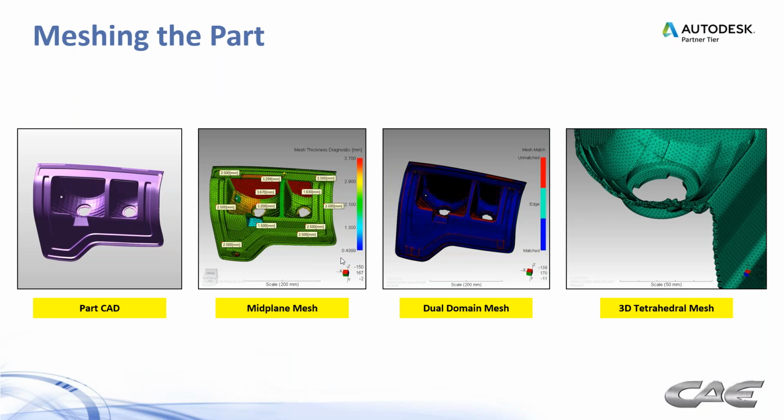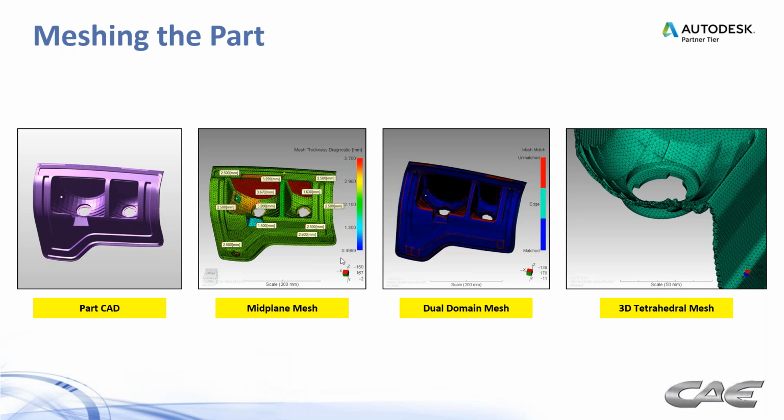Recognizing that, Moldflow at some point decided they wanted a more convenient mesh, because engineers were getting, I guess the best word is frustrated, trying to create midplane meshes all the time, and it was taking a substantial amount of time.